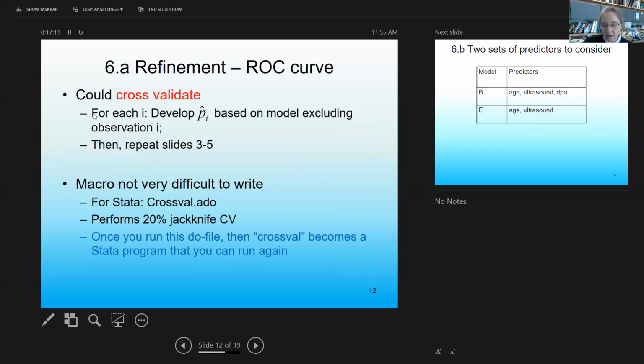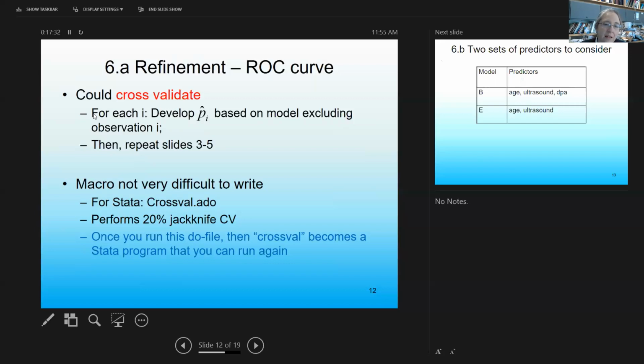Keep track of it. For the next person, exclude them, build a model on all the other people, and then evaluate that rule on the person who was excluded, and do that for every single person. That's called internal cross-validation, or sometimes jackknifing.